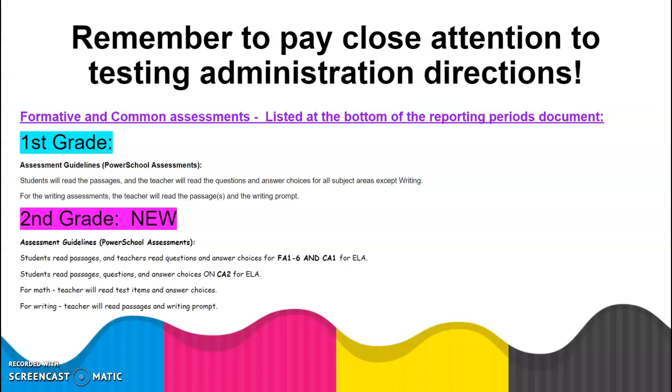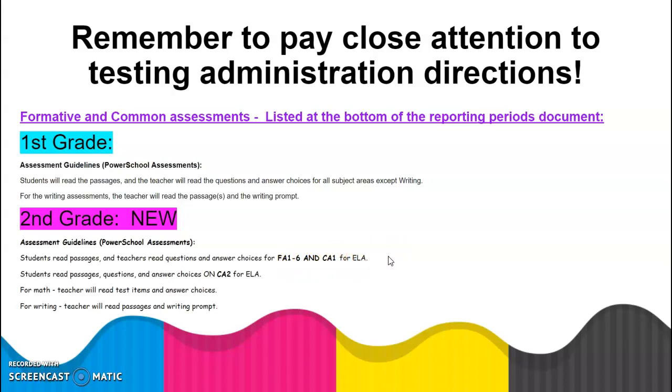Okay. The thing that's new is with our second grade, and you'll see right here, our formative 1 through 6 and the common 1. That needs to follow where the students read the passages, but the teachers can read the questions and the answer choices. We made this change because formative 6 and common 1 both take place in the second semester.